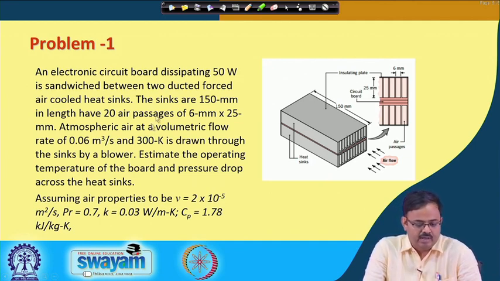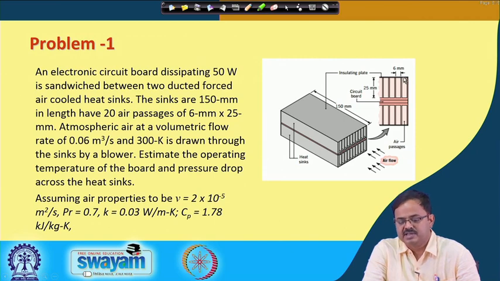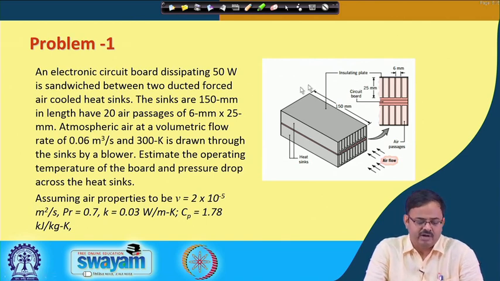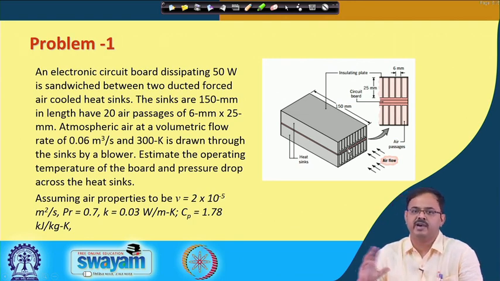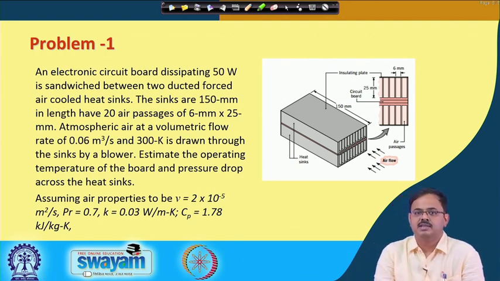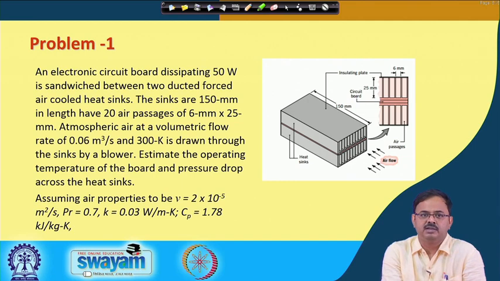The heat sinks are 150 millimeter in length, and 6 mm by 25 mm is the cross section. 6 mm is the spacing between the fins, 25 mm is the height.